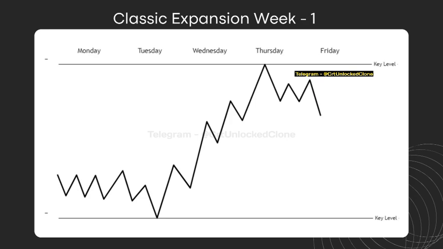This is the most refined way of how you can classify market profiles. More often than not, Monday's candle is likely going to be a ranging profile, and then Tuesday happens to be a manipulation profile, and then Wednesday and Thursday lead to an expansion profile, and then Friday is usually a retracement profile, right?